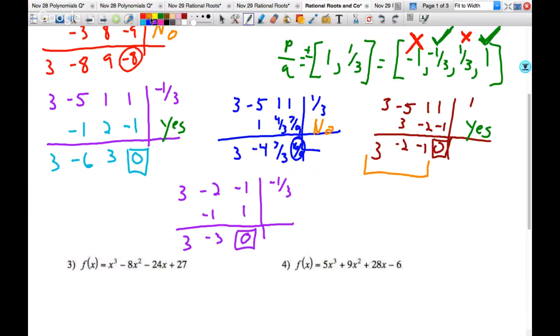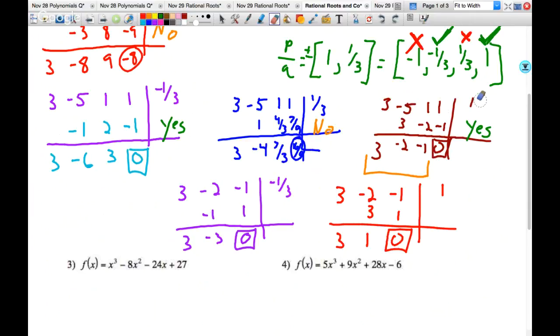Let me check this with positive 1 again. Let's see, 3, 3, 1, 1, 0. Okay, I figured it out. I said earlier you could check with either.